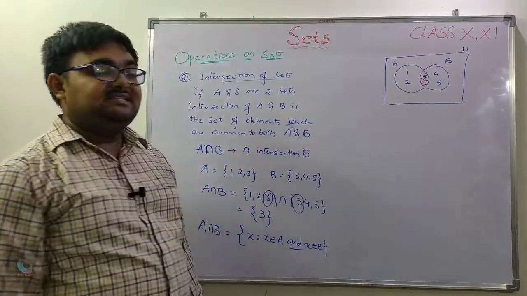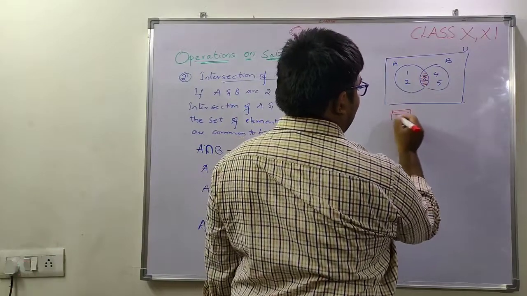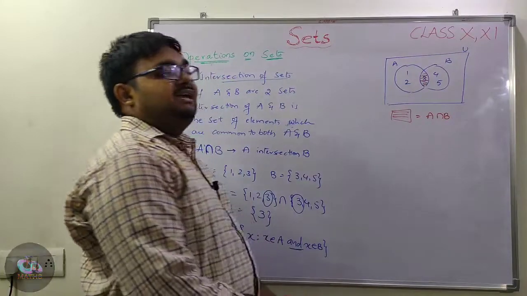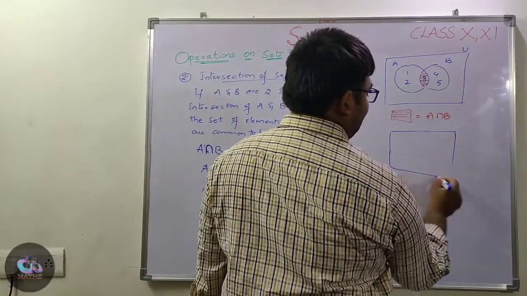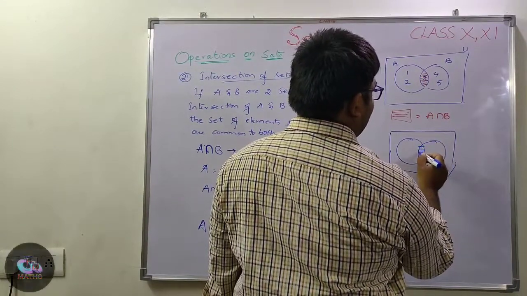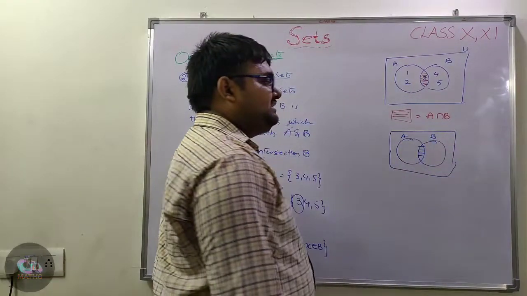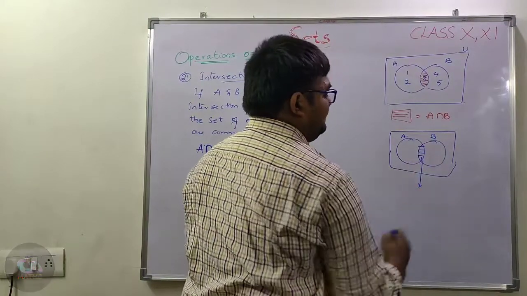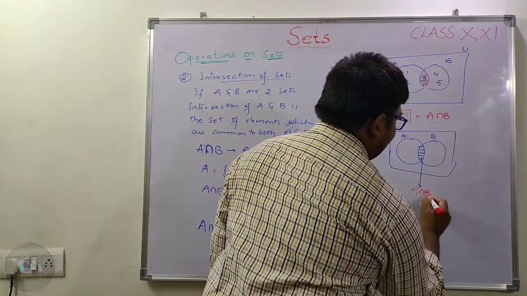So this particular part is my A intersection B. In general, without using those values, the general representation of A intersection B is this particular part. If you have two sets A and B, this is my A intersection B.